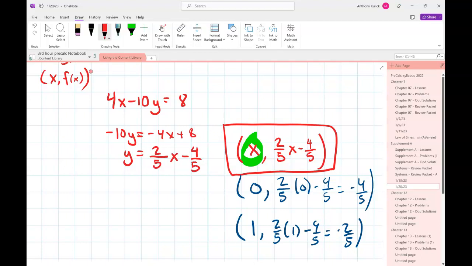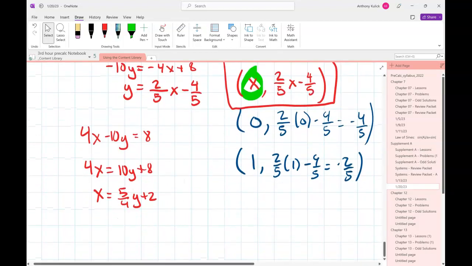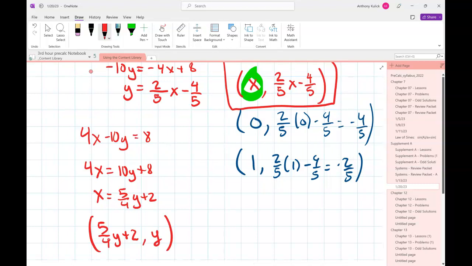Everybody's okay with that? Now, did I have to arrange it this way? Could I have instead taken 4x minus 10y equals 8 and decided to get the x by itself? Sure, I could have done that. If I do that, then I would replace the x with 5/4 y plus 2, and then y.